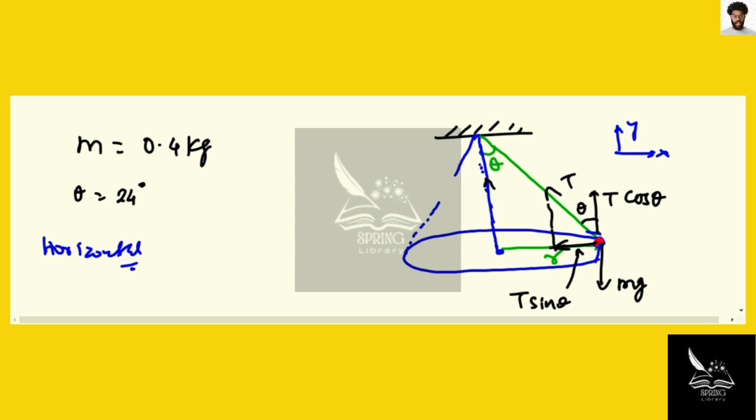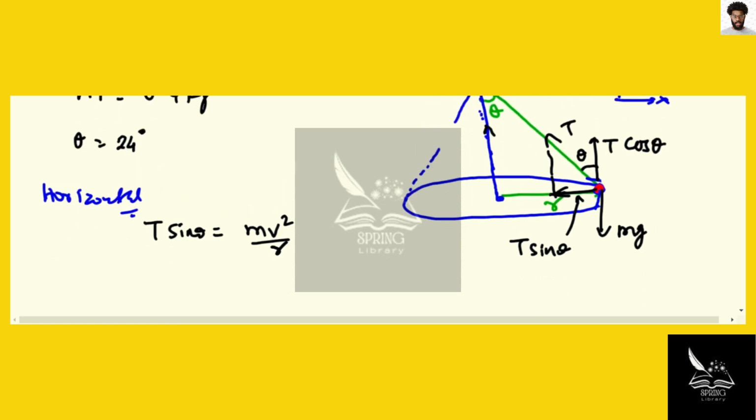So T sin theta should be equal to the centripetal force, that is mv square by r, where r is the radius. So this is equation number one.